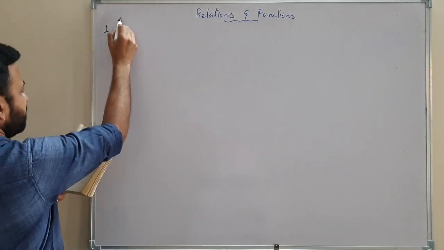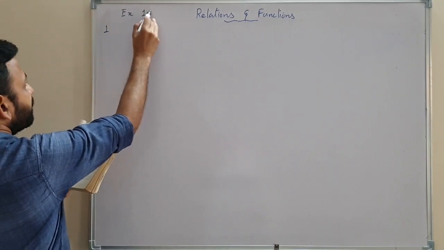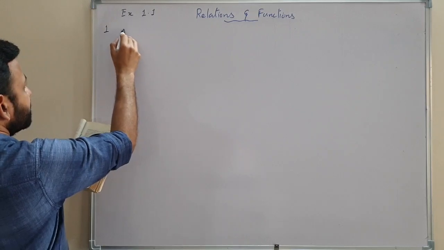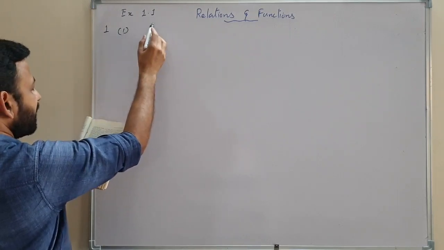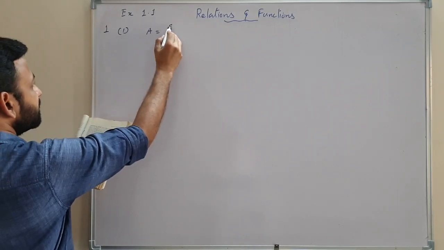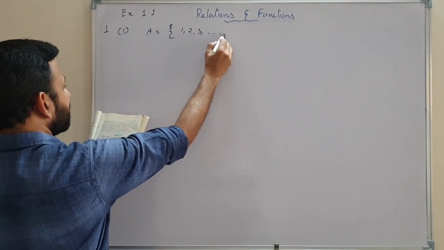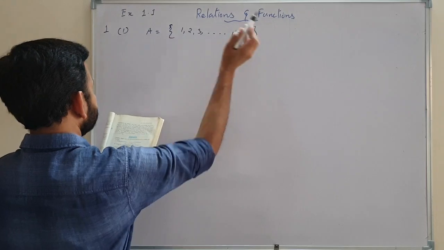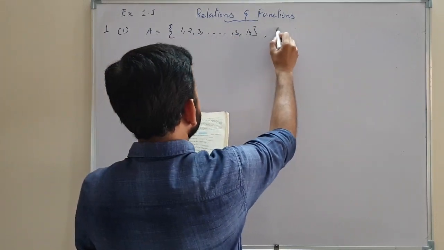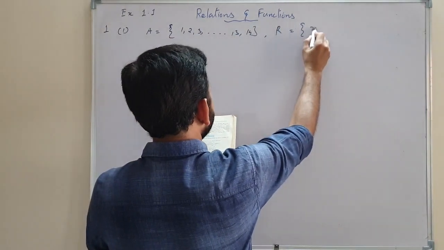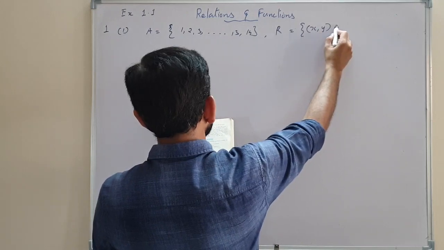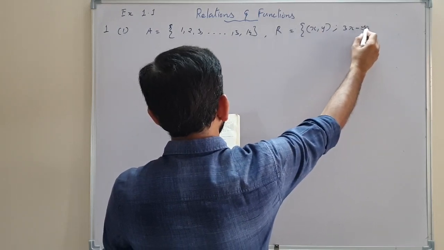Question number 1, exercise 1.1, first part: relation R in the set A. A is given as {1, 2, 3, 4, 5, 6, 7, 8, 9, 10, 11, 12, 13, 14}, and relation R is defined as the set of all ordered pairs (x, y) such that 3x minus y equals 0.